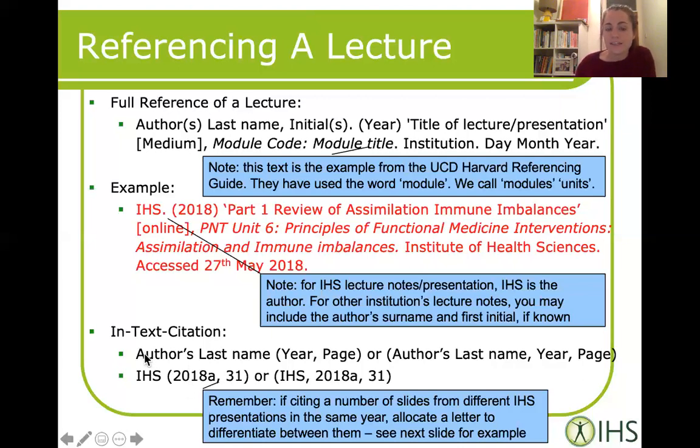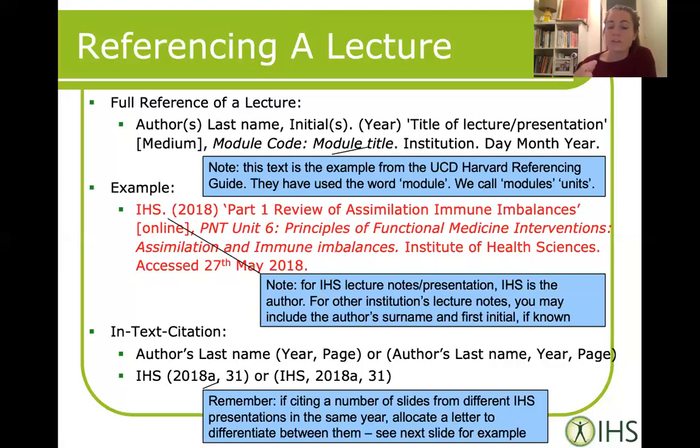In terms of in-text citations, it's just IHS, the author's last name, and the year and the page. So IHS 2018A, and then the page number. This is another anomaly that's slightly different from UCD. UCD doesn't suggest that you put the page number in the citation.